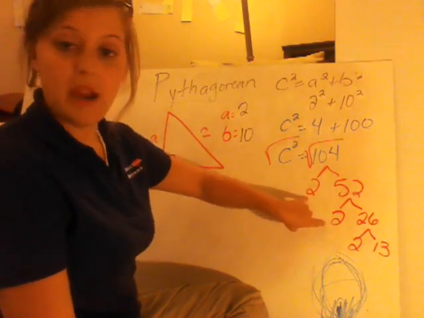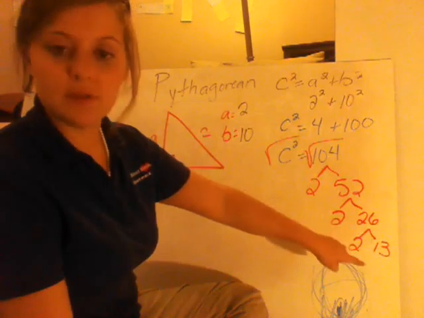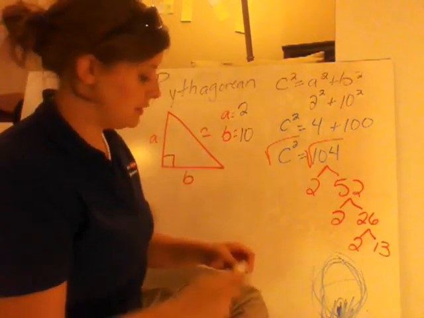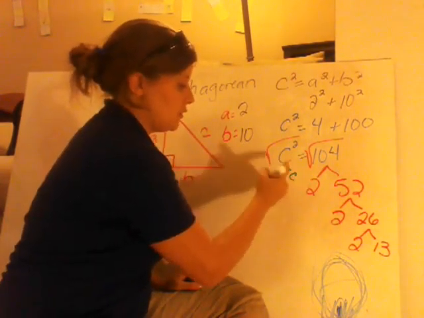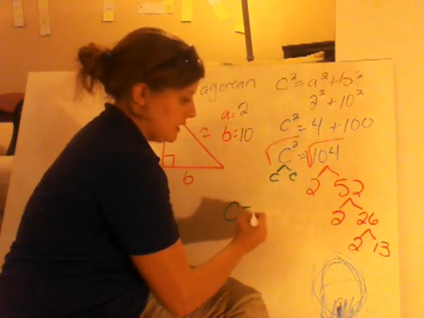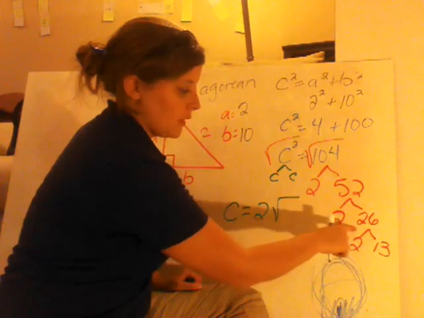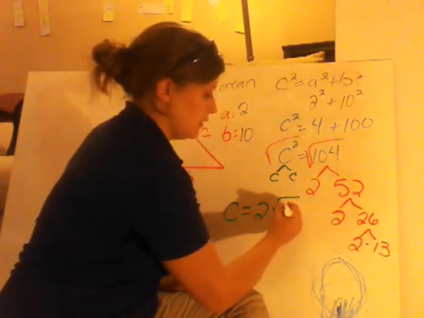So I've got one pair of 2's, which means I can take out a 2. Then I've got a leftover 2 and a leftover 13. They're not getting out. So C equals 2, all by itself, square root of 26, because neither of these is getting out, I multiply them: 26.